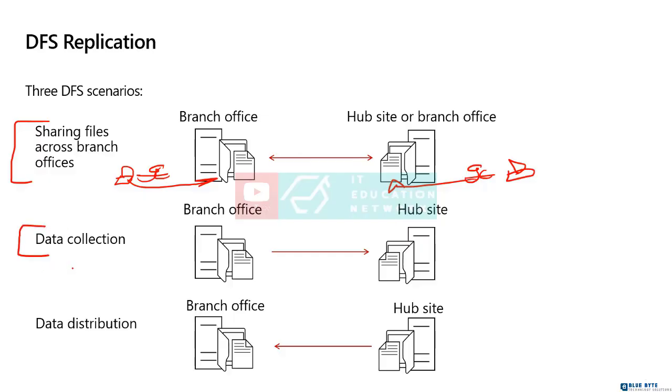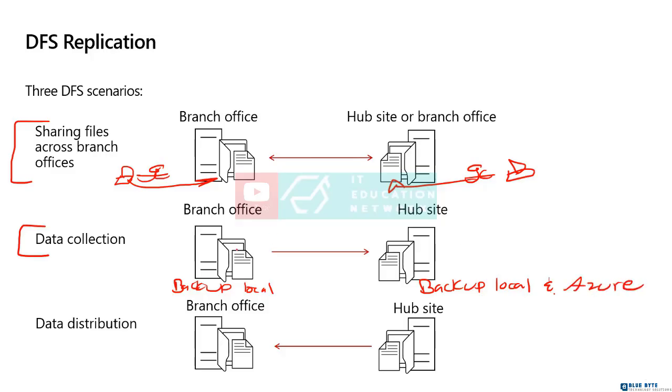One of the others is simply data collection. Maybe in my branch office, I don't back up these servers as often as I do in my hub site. Or maybe when you back these up, you only back up locally. In your hub site, you back up local and you back up to the cloud. So we'll say Azure.